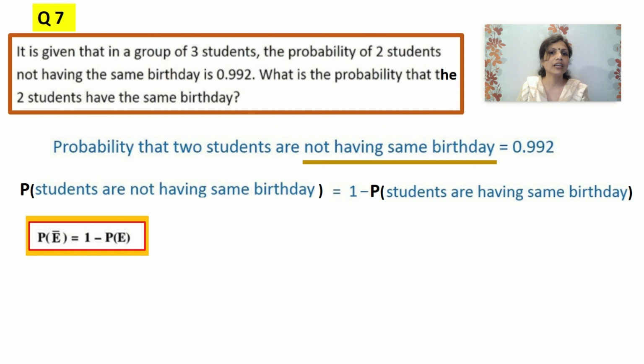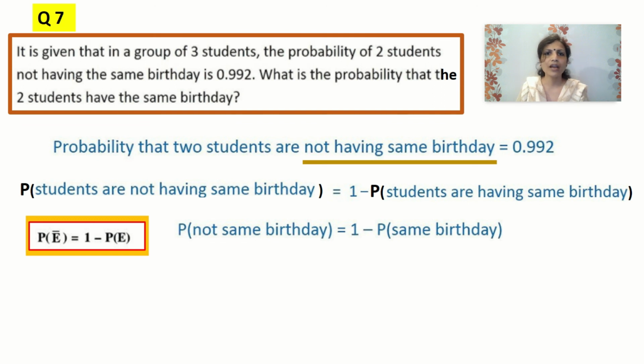P of not E is the probability of students not having the same birthday, and that is equal to 1 minus the probability of students having the same birthday, isn't it? So we have made use of the formula which I was telling you. We have the values, let's substitute. So P of not having the same birthday is equal to 1 minus P of having the same birthday.